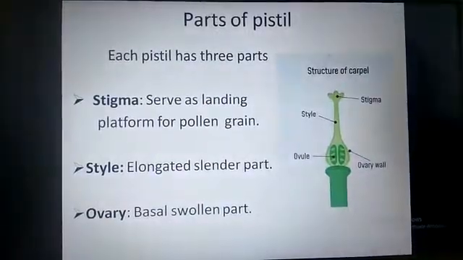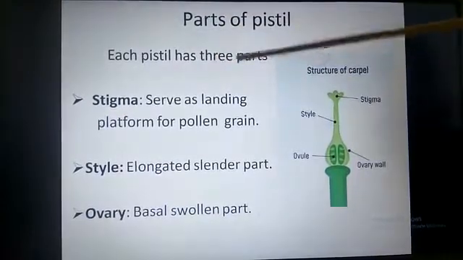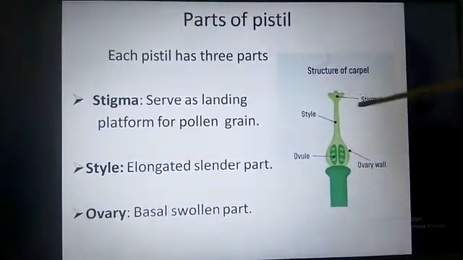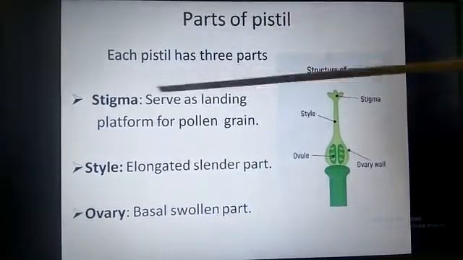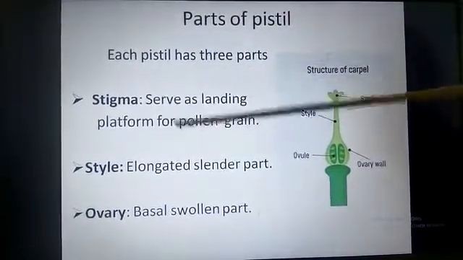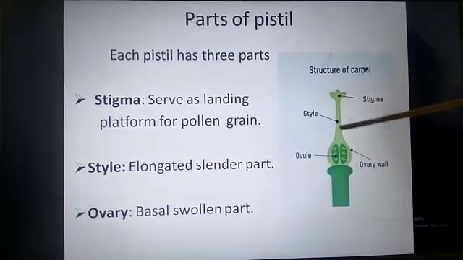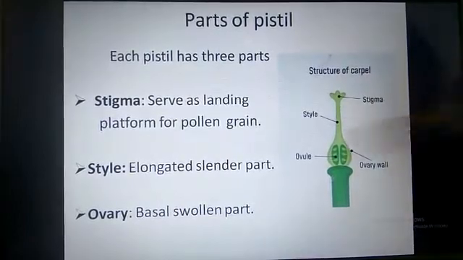Now let us go to parts of the pistil. Each pistil has 3 parts: stigma, style, and ovary. The uppermost part of the pistil is the stigma, and this stigma serves as a landing platform for pollen grains. Beneath the stigma is a stalk called style.